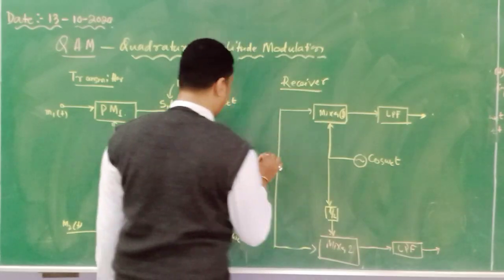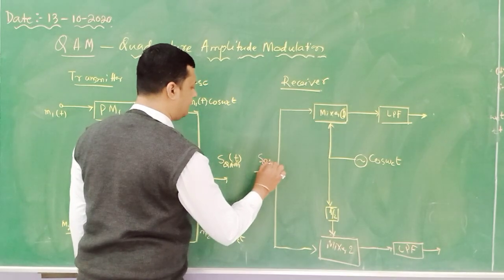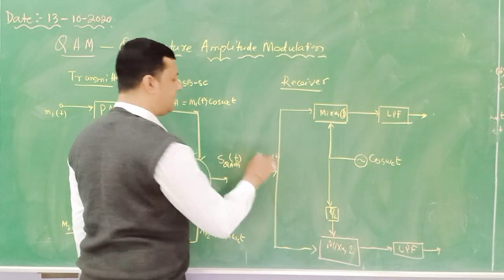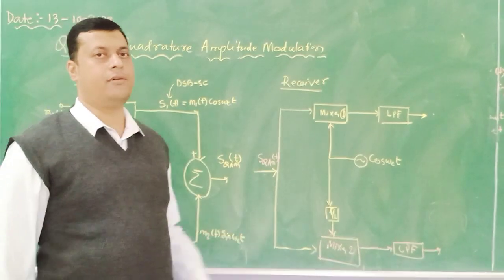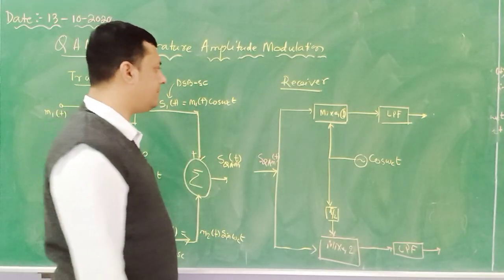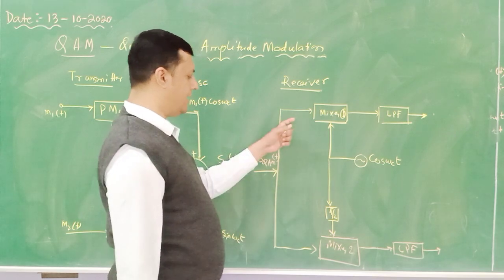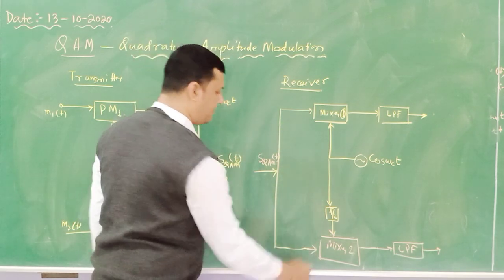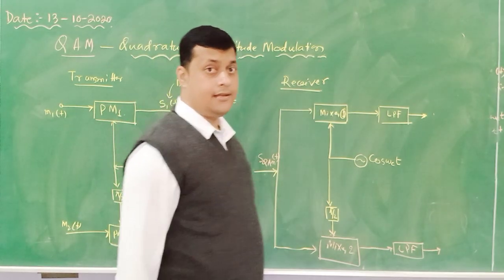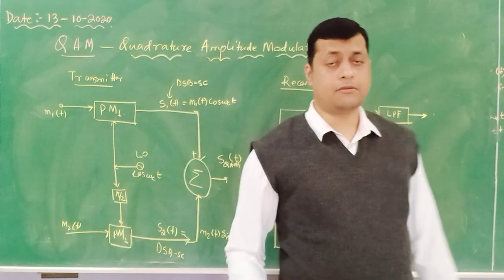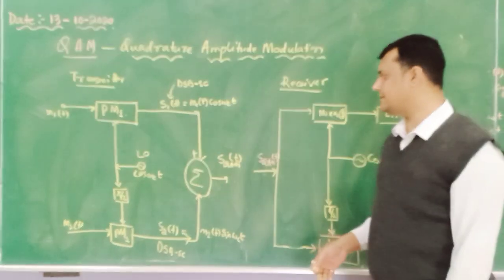Now here we are receiving S QAM of t, which means it consists of two DSB-SC signals. The same signal is provided to the upper part as well as to the lower part. Then we synchronize the carrier frequency.